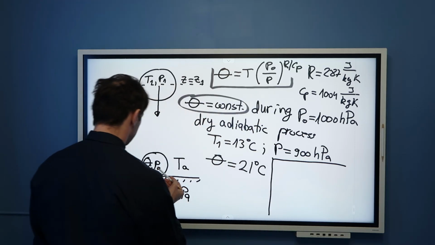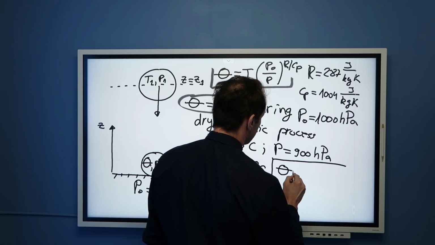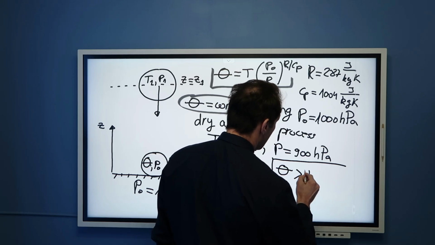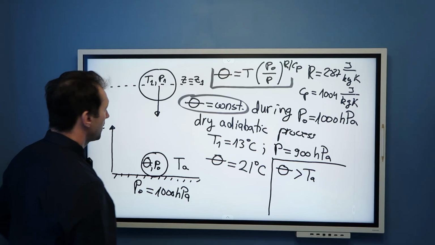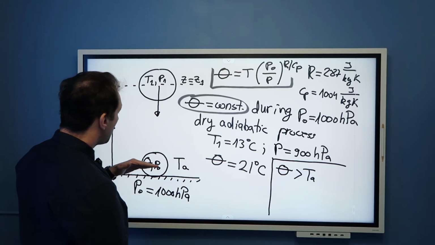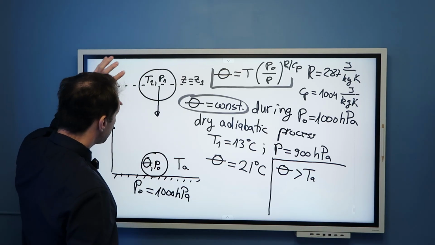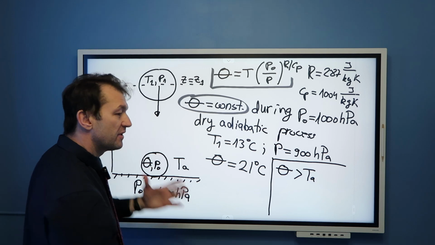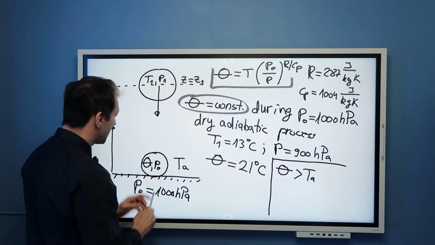Let us assume first that theta is larger than TA. If theta is larger than TA, then this parcel of air that came from 1 kilometer to the surface will be warmer than the ambient atmosphere.